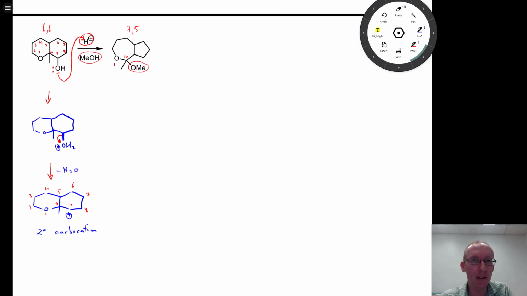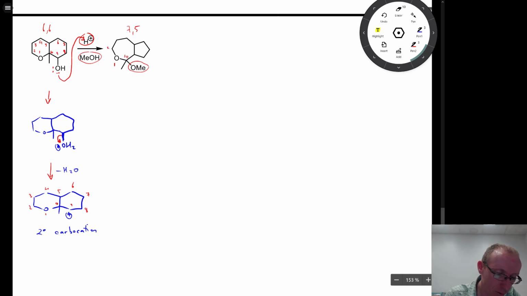We know methyl groups aren't the best at migrating if there are other choices, and so we might want to look for other possibilities. So what happens if I keep on numbering around the system? So if I go 2, 3, 4, 5, 6, 7, 8, 9.